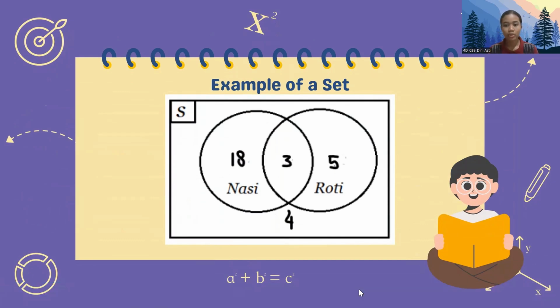In this diagram, you can see the relation between those who eat rice, bread, and those who had no breakfast.